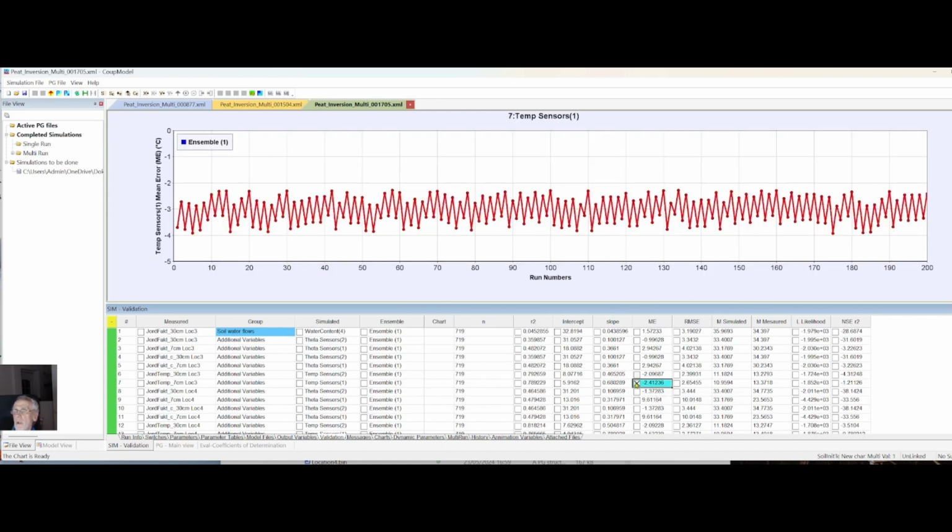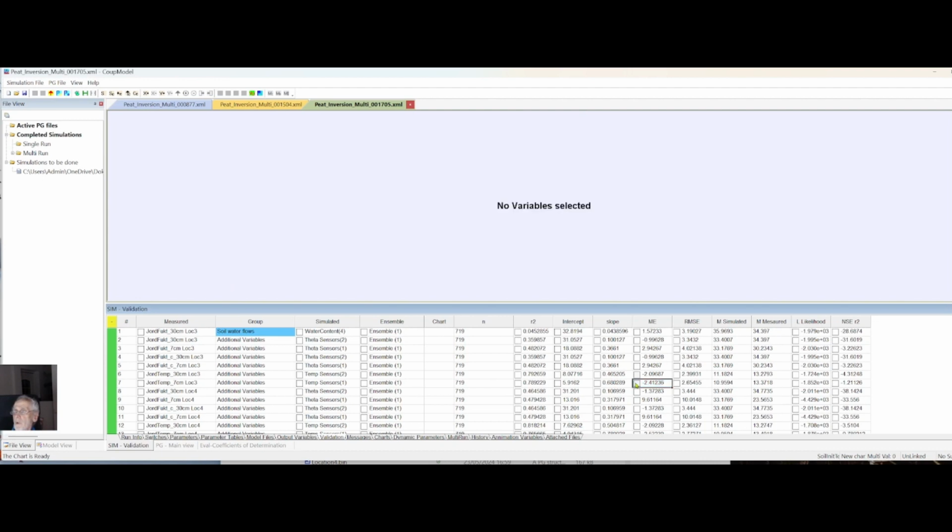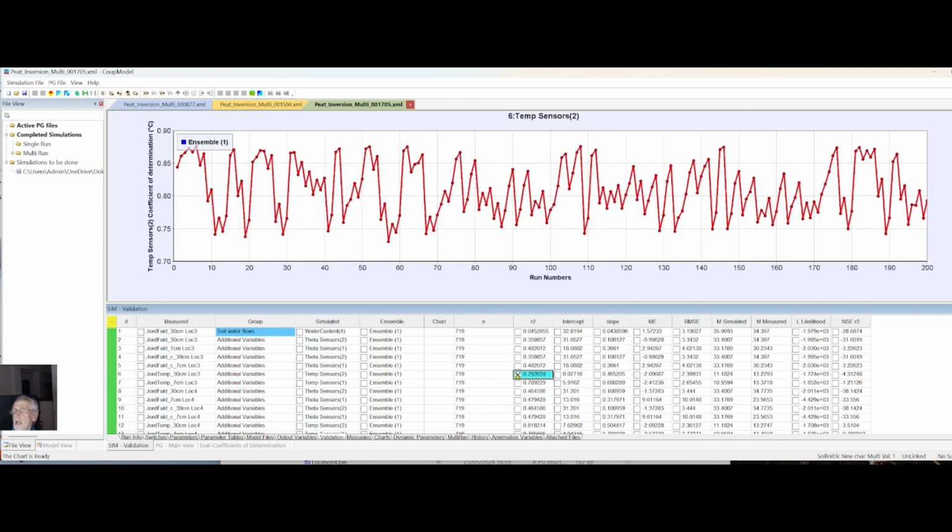Also here in the more surface layer. So something is wrong with the temperature with respect to level, but not with respect to the dynamics.